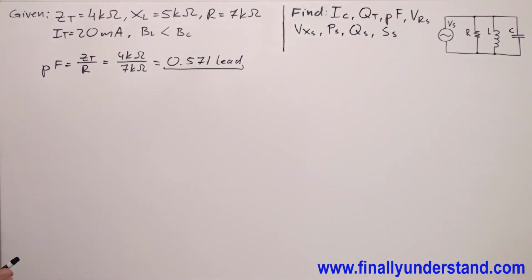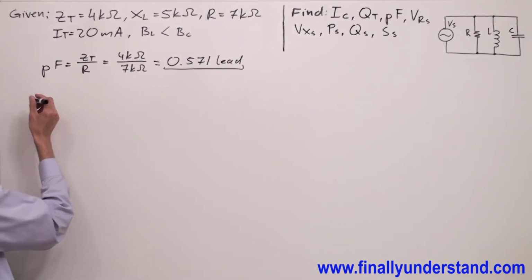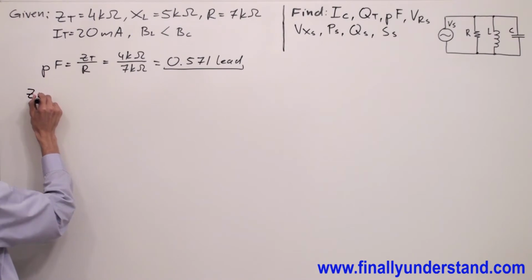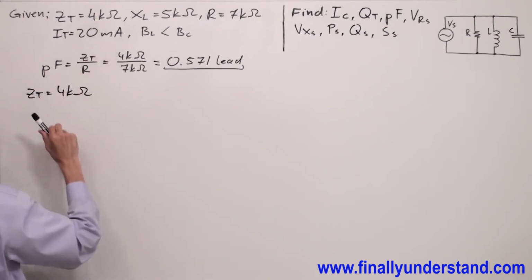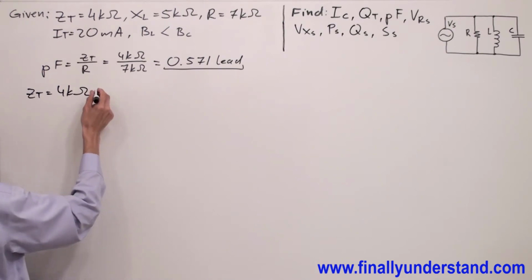So I have power factor already. I have Z total equals 4 kiloohms, right? And I'm missing over here the angle.